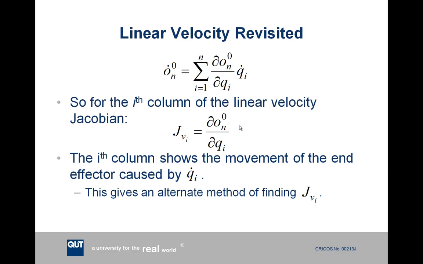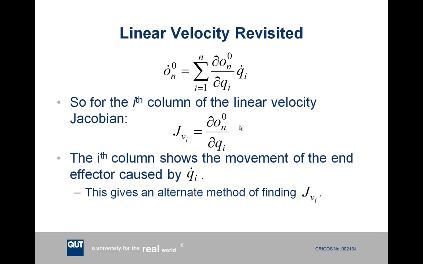When you're trying to work out your linear velocity Jacobian, each column in the Jacobian is simply the rate of change of the tool point origin in the base reference frame with respect to that particular joint variable i.